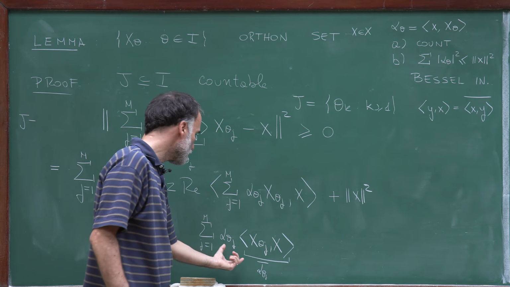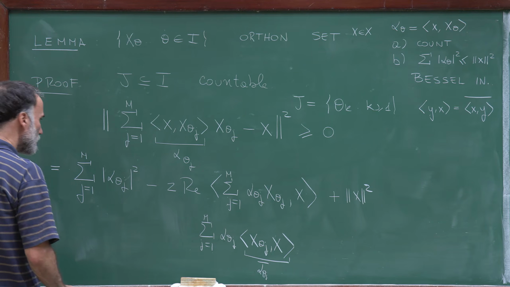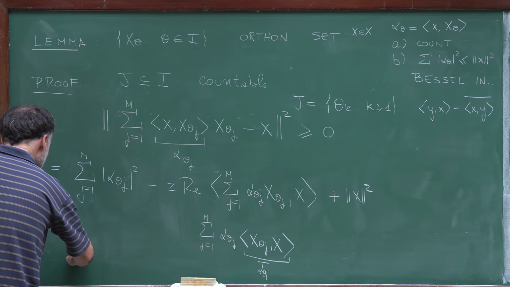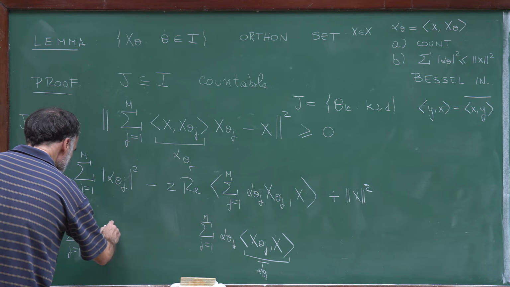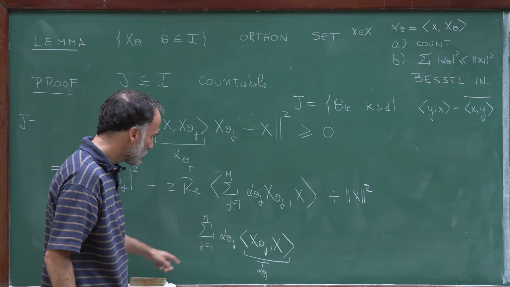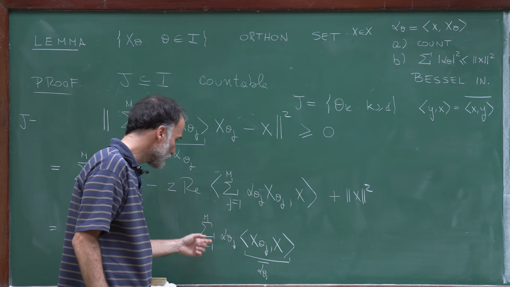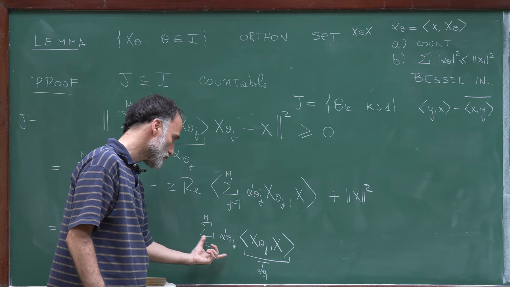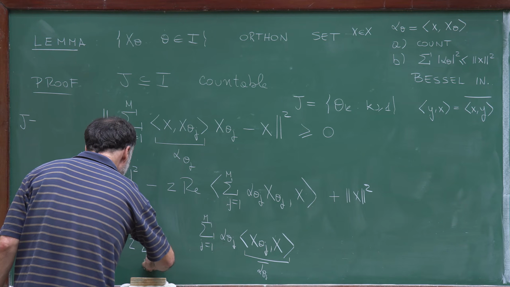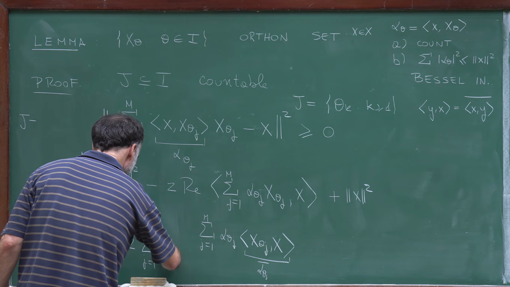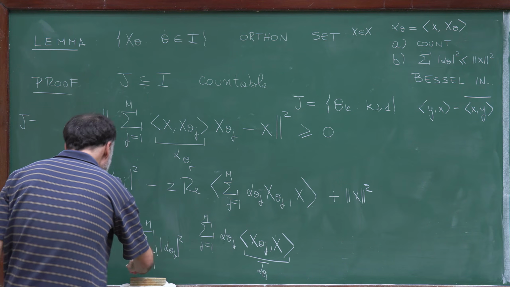This gives me the absolute value of alpha theta j squared. So with that, the first term is the sum from 1 to m of the absolute value of alpha theta j squared. The second term, each term is the absolute value of alpha theta j squared. The sum gives me a real number, so the real part is that number. So this gives me minus 2 times the same expression. And then plus the norm of x squared.